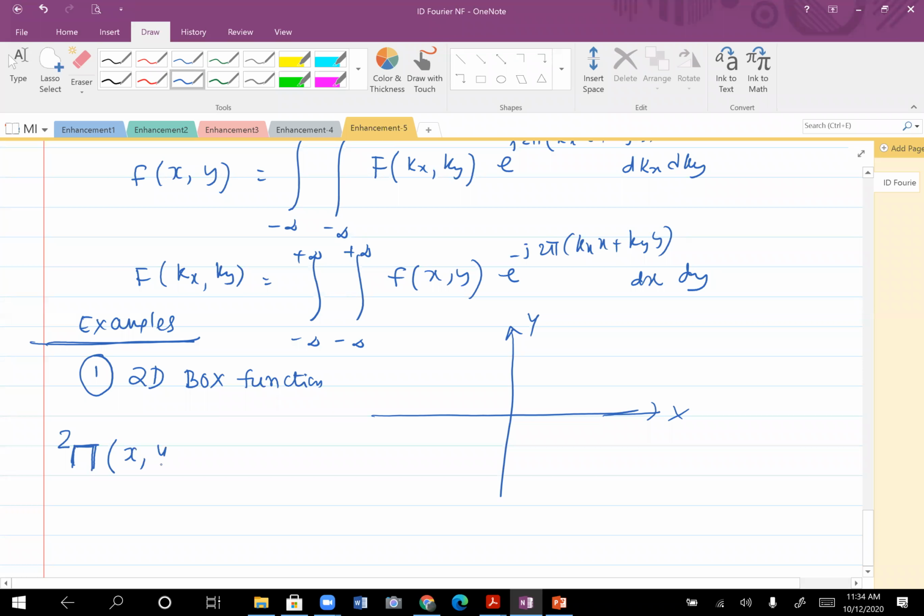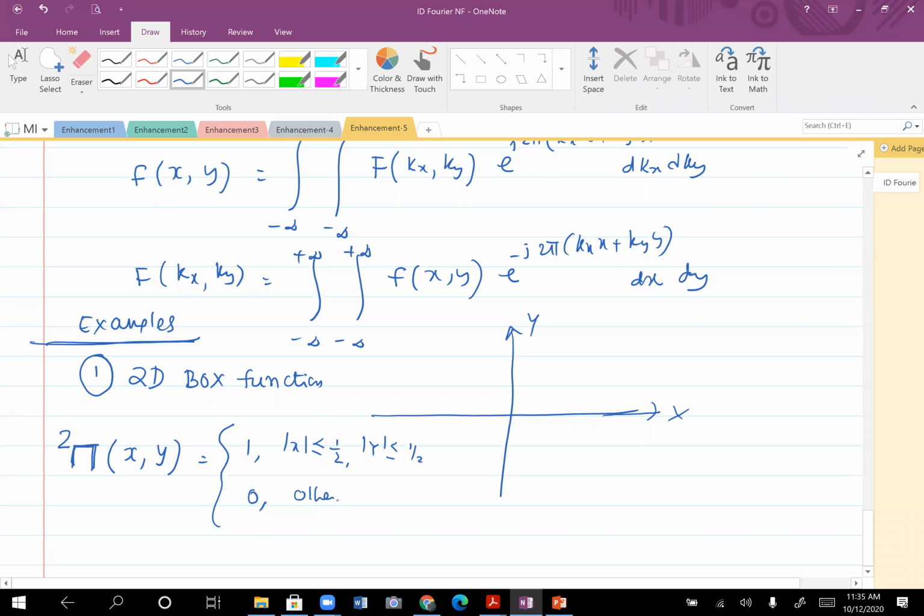Of course, the moment I give 2 variables, that should be good enough. How is it defined? One for mod x less than or equal to 1 by 2 and mod y less than or equal to 1 by 2, otherwise 0.